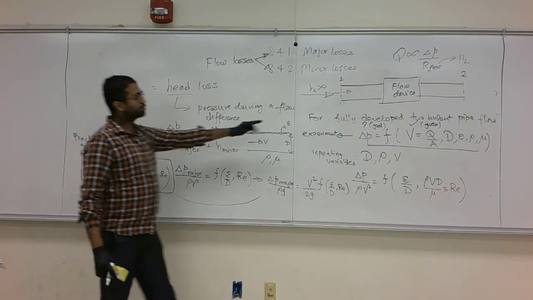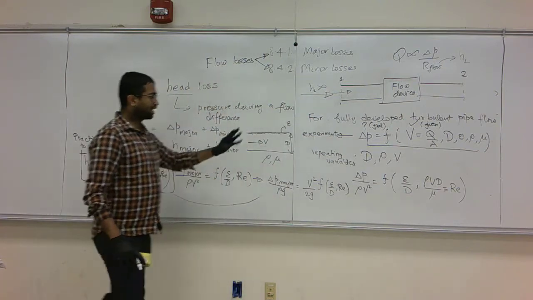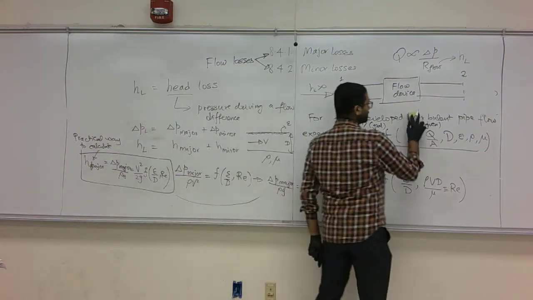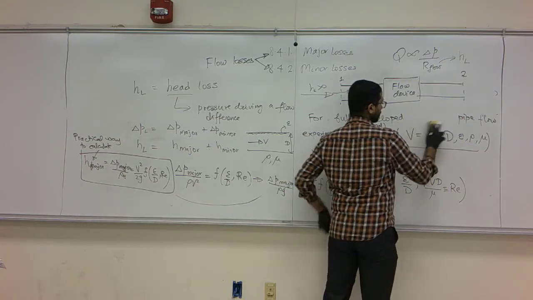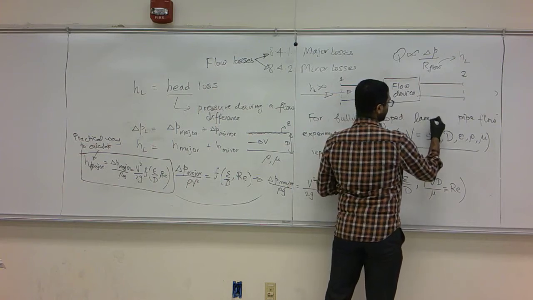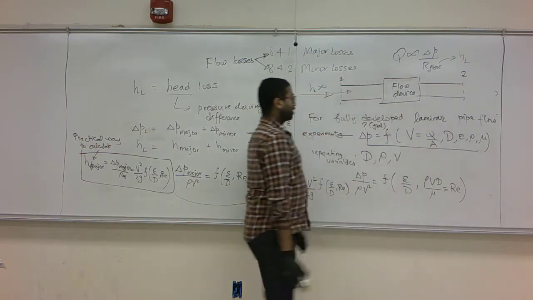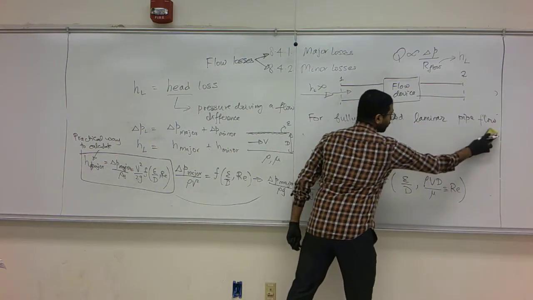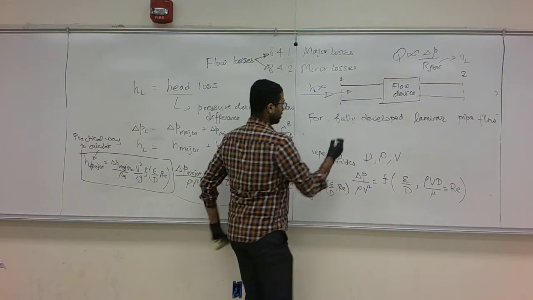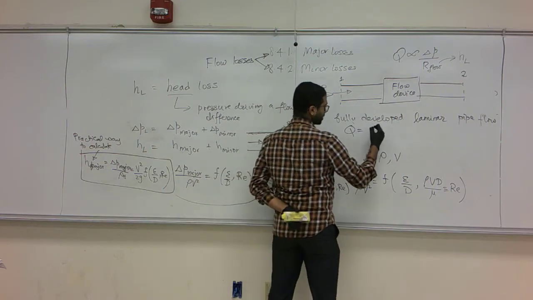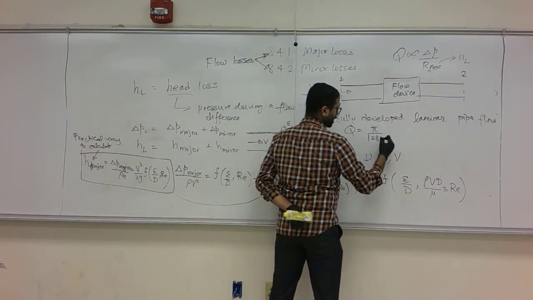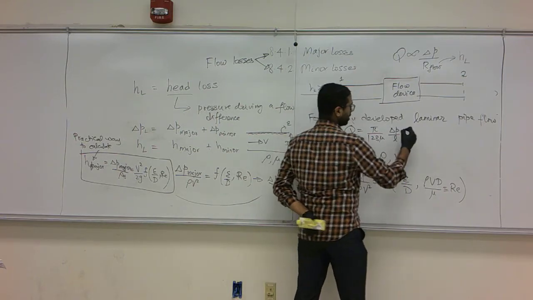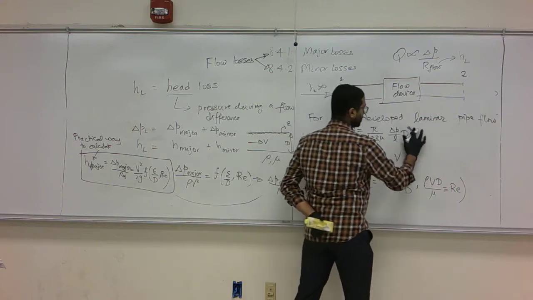This is fully developed turbulent pipe flow. Okay, let's go to the case where you have fully developed laminar flow. For a fully developed laminar flow, we did the derivation of the flow rate and velocity profile. You know that Q is pi over 128 mu times delta P over L times d to the 4th.